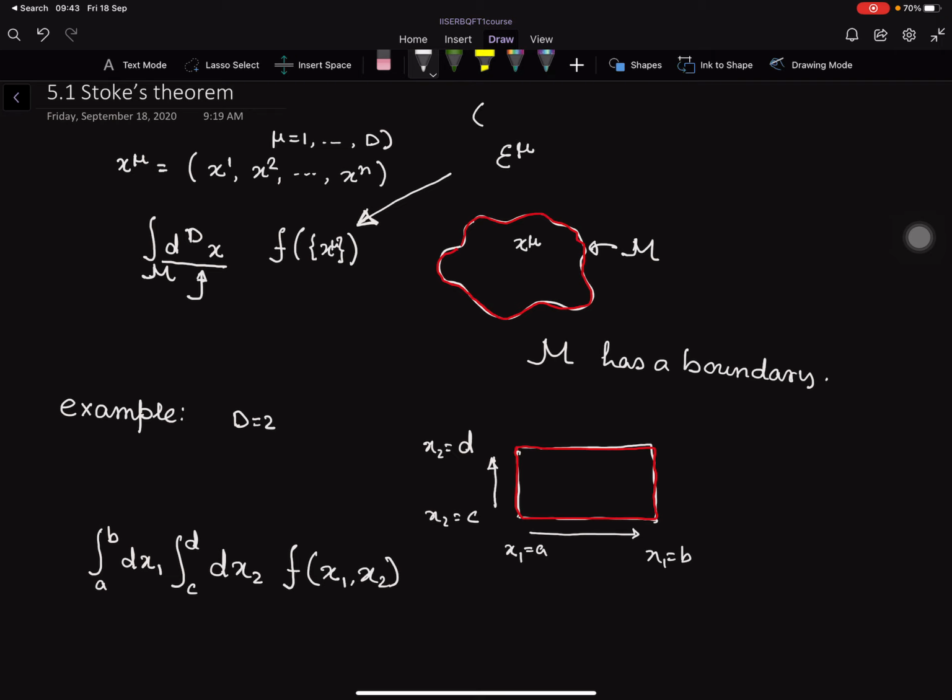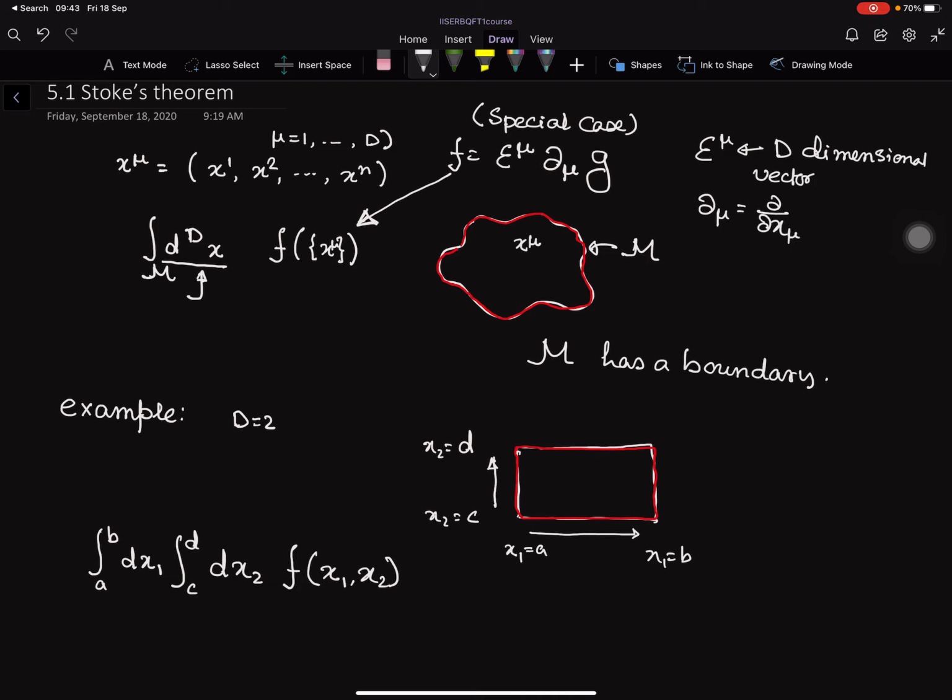So we are restricting to a special case where f is something like this, where epsilon^mu is a d-dimensional vector, and dx^mu is just del x^mu.